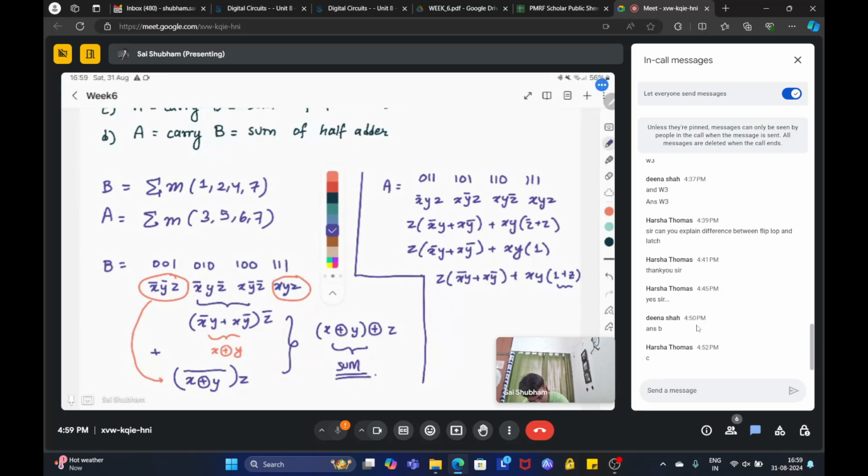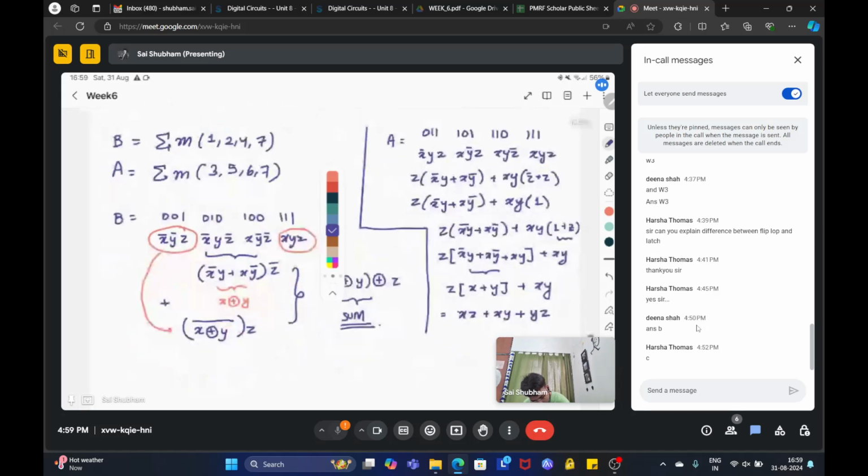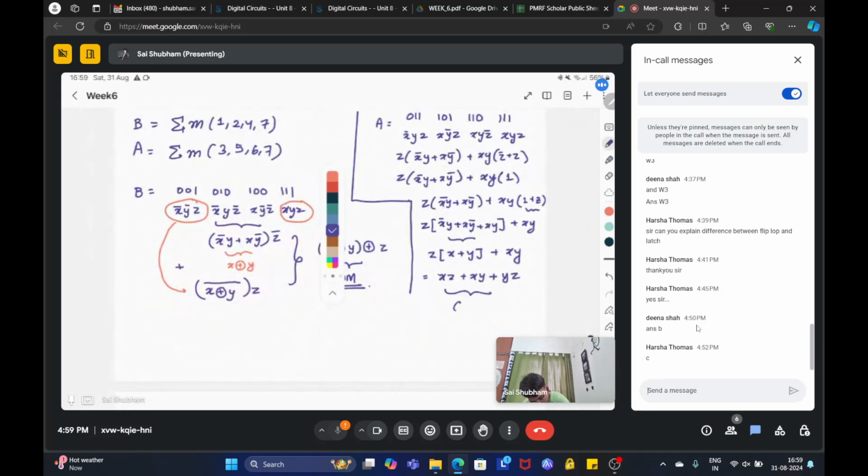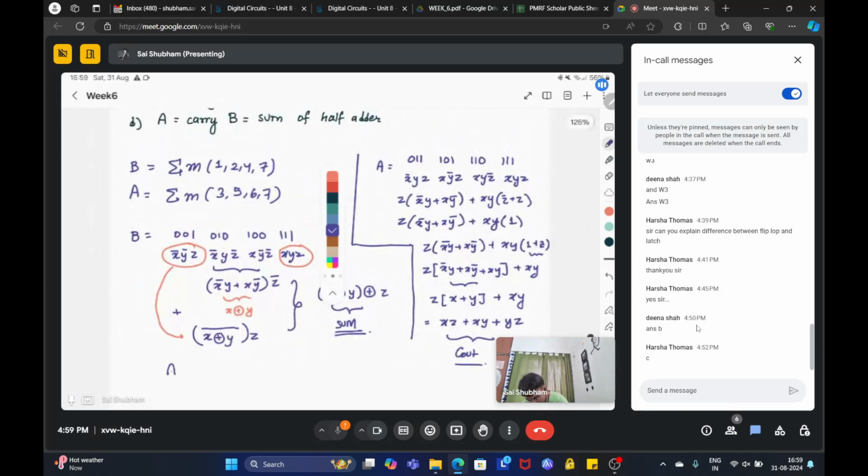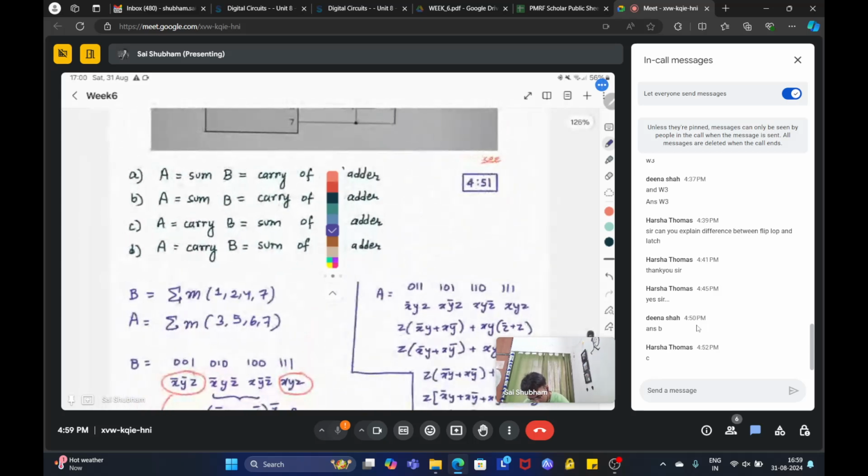So this will be z times (x bar y plus x y bar), plus x y, which is x z plus x y plus y z. So this is basically your C out, and the other is your sum. So A is carry, B is sum. So the answer is C.